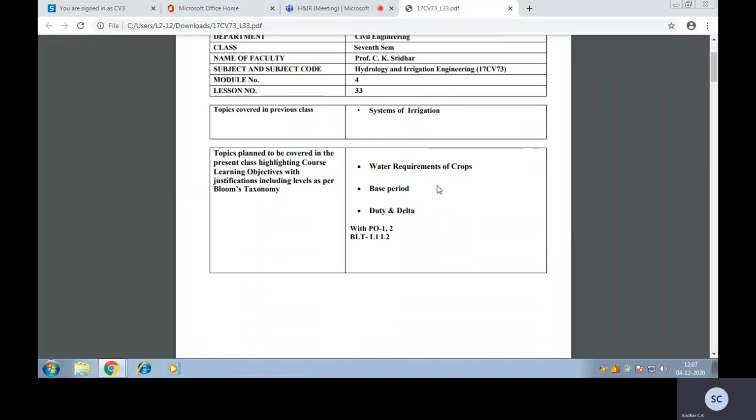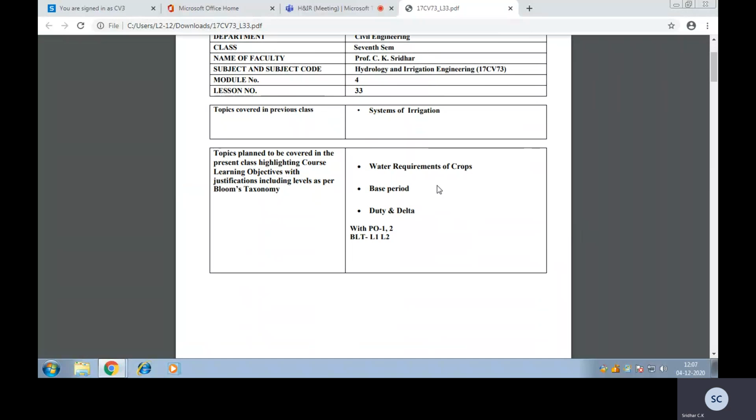They both are technically almost similar, but there is a slight change in the total period. Crop period is slightly bigger than the base period. For all practical purposes, it is considered to be one and the same, whether it is crop period or base period. As per the definition, it is the time between the first watering of the crop at the time of sowing to its last watering before harvesting.